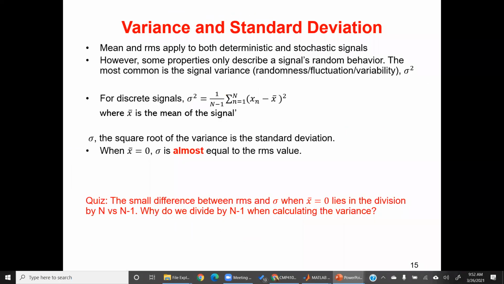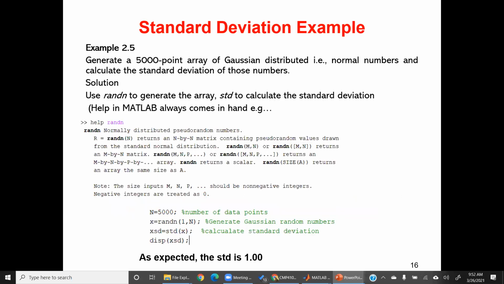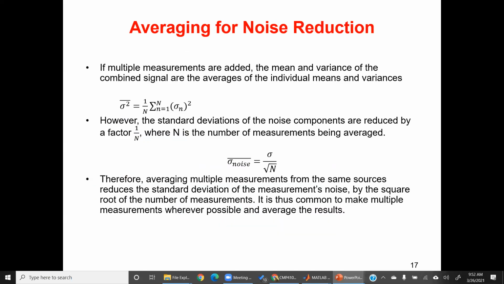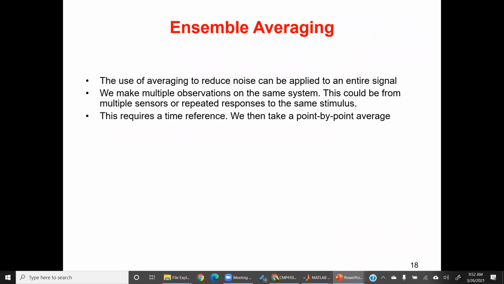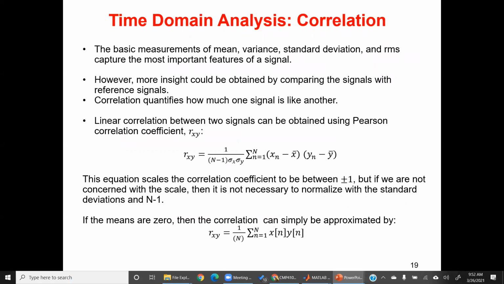Okay, so going on, we talk about variance and standard deviation. Again, very easy to understand. And I show you how you can average for noise reduction, ensemble averaging, correlation. I think you guys know about correlation coefficient.